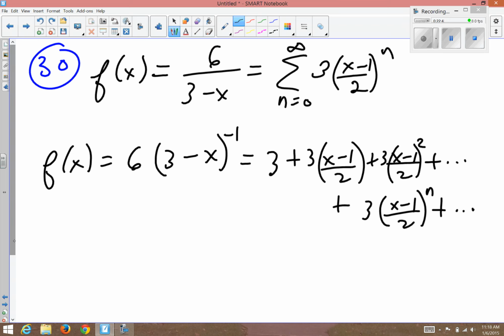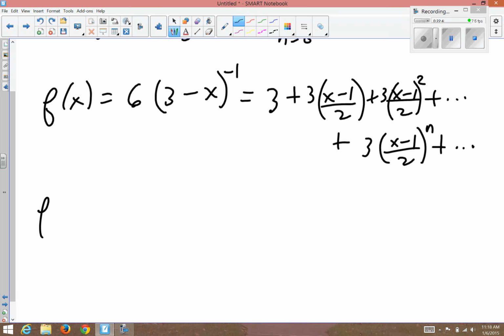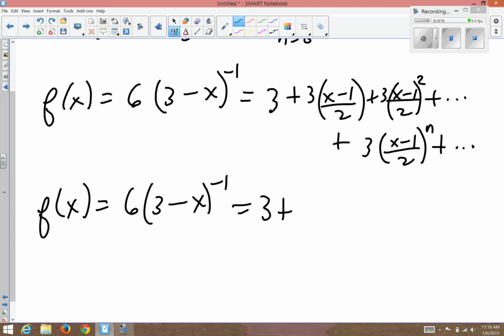I think I'd like to rewrite this even another way. So I'm copying all of this again. I like to write it in a way that would be easier for me to find the derivative. So 3 plus, this middle part can be written as 3 halves times (x minus 1).